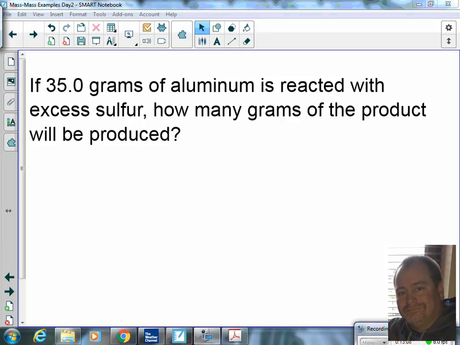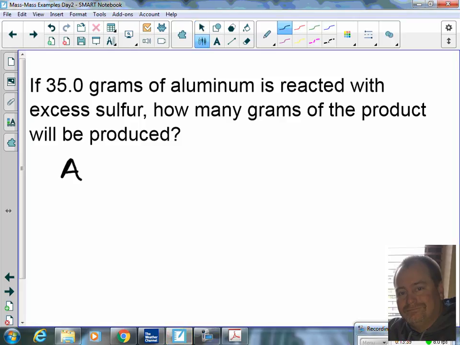All right, we're back. So, we're at step 1, Naira. What are you going to do? Tell me what we have here. What's the step, first of all? To write the skeleton equation, so we need to determine the reactants and the products. So what can you tell me here? Aluminum plus sulfur.